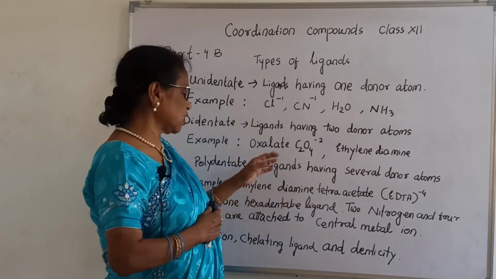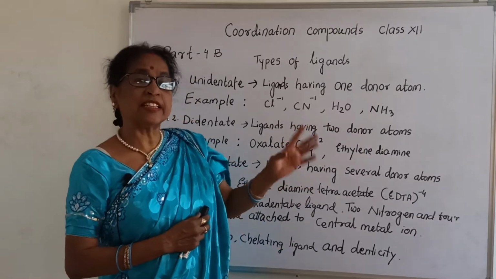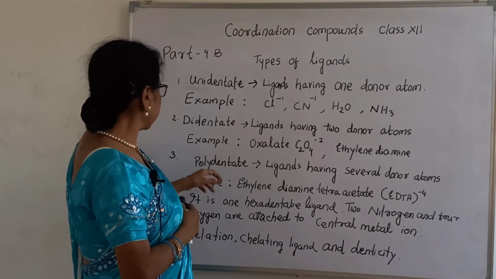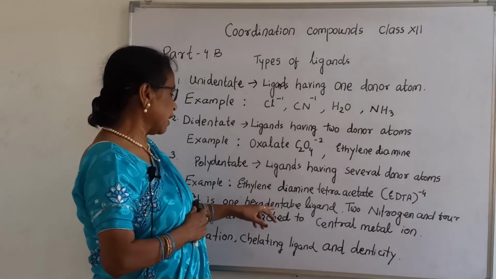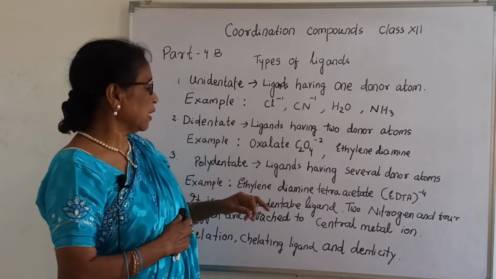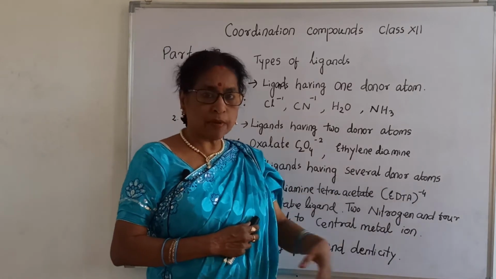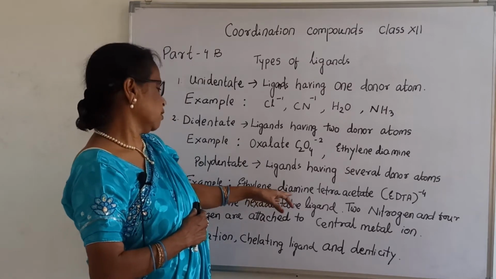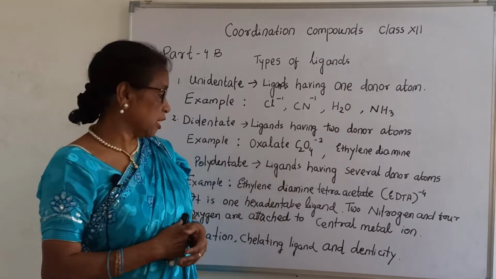That means the coordination number should be 6. That means it is a hexadentate ligand. How can you know? You can see here the charge is minus 4, and inside there are 6 donor atoms, coordination number 6.